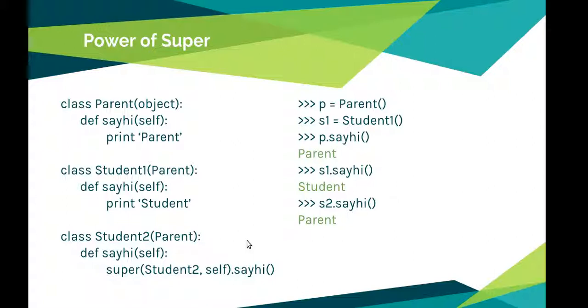Suppose multiple inheritance is done, like if you have created student2 with parent comma student1, then it would have followed the right convention of inheritance, and it would have applied some logic to get the correct say hi function automatically.